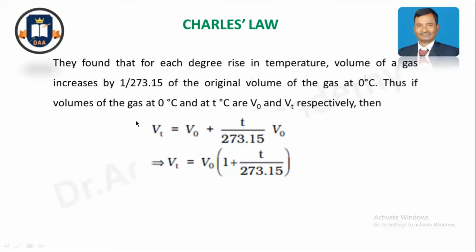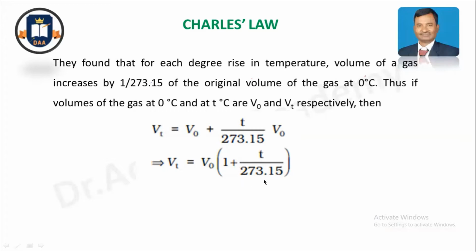In this case, the equation will be Vt is equal to V0 plus t by 273.15 multiplied by V0. After simplification, Vt is equal to V0, and within the first bracket, 1 plus t by 273.15.